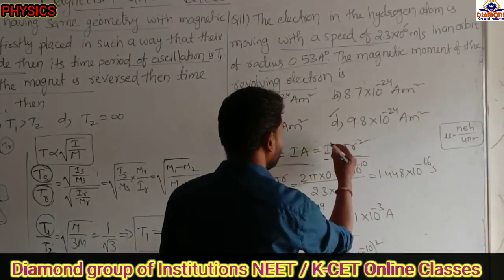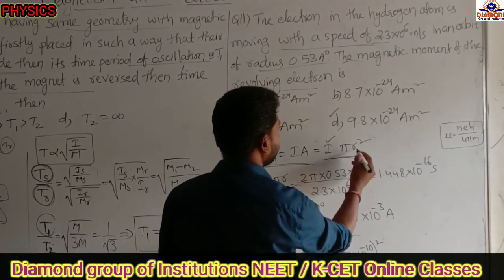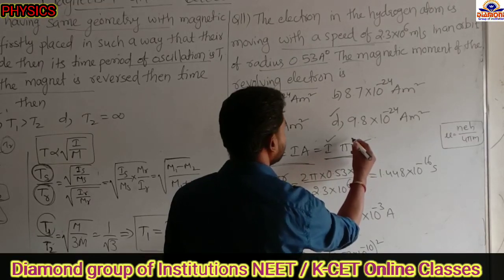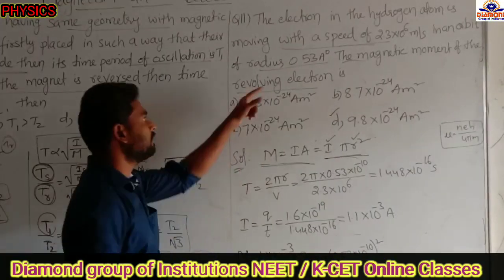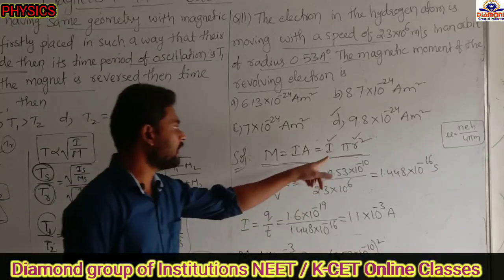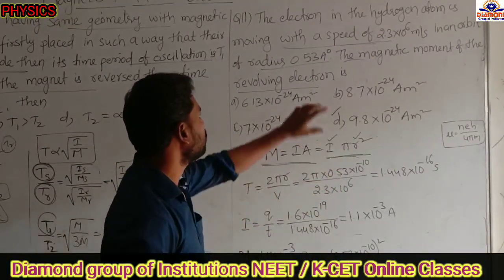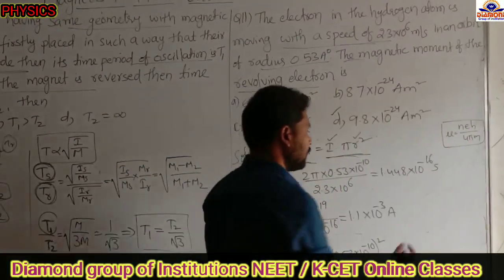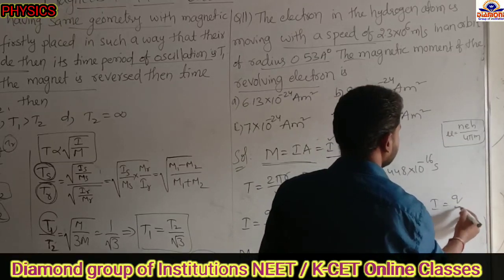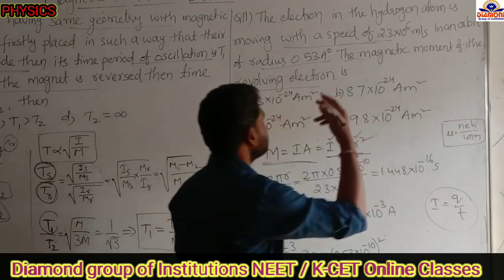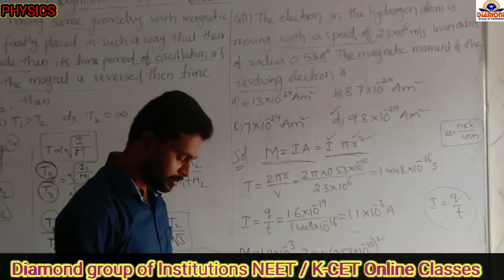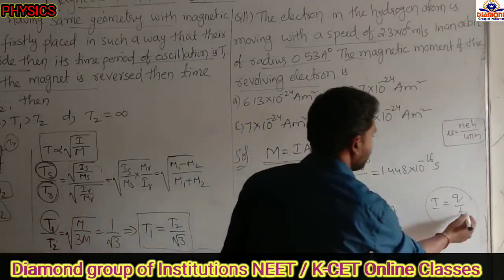So now we have to find the current, and we need the radius. The radius value is already given, 0.53 angstroms, but we have to find the current. So how to find the current? The current formula we know: I equals Q by T. Q means the electrical charge, 1.6 into 10 to the minus 19 coulombs, and the time we have to find.